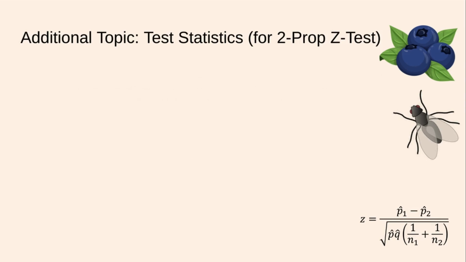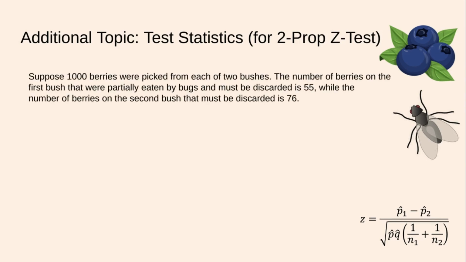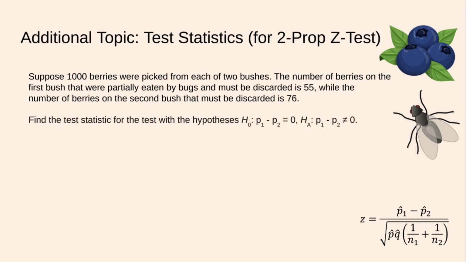Let's do an example now. Suppose 1,000 berries were picked from each of 2 bushes, so 2,000 berries total. The number of berries on the first bush that were partially eaten by bugs and must be discarded is 55, while the number of berries on the second bush that must be discarded for the same reason is 76.